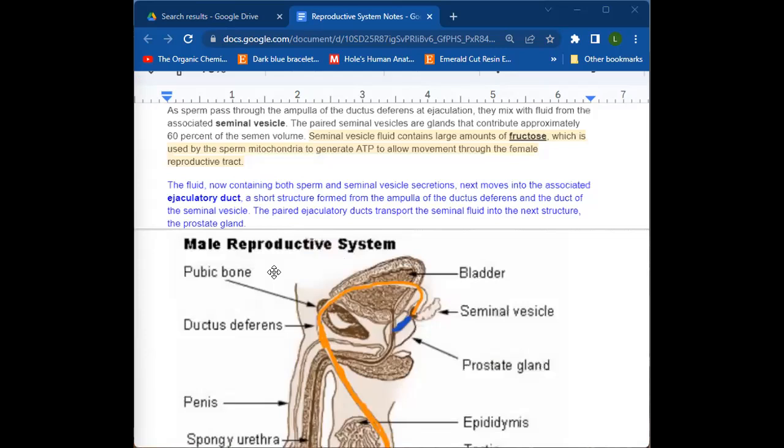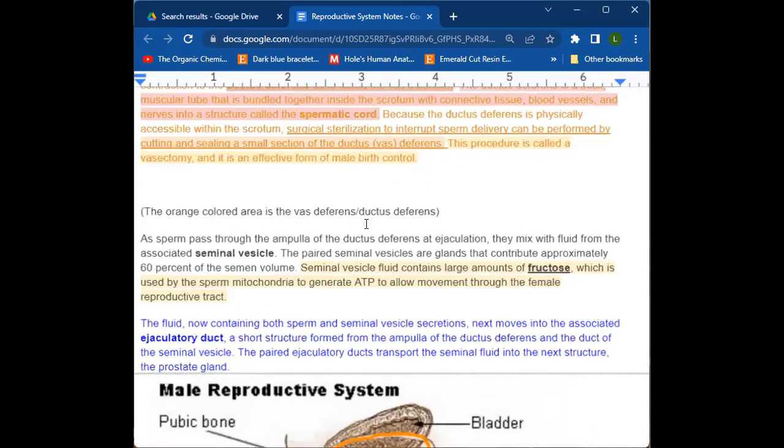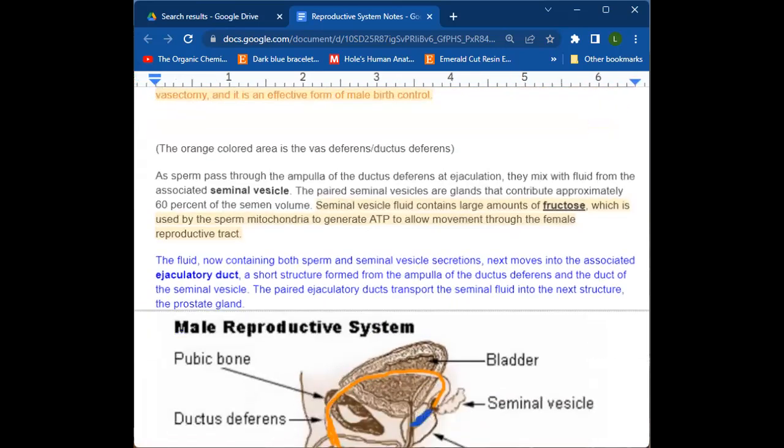Now let's look at the accessory structures. So the first one we need to know about is the seminal vesicle. The seminal vesicle is supposed to secrete fructose. And the purpose of fructose is that that's the energy source for sperm.